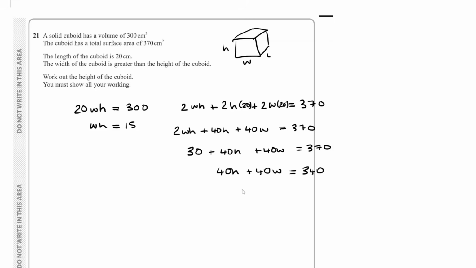We could divide everything by 10 at least, so 4h plus 4w equals 34, and then we could at least half everything, so 2h plus 2w equals 17. You can work this out however you want. You could also divide that by 2 as well if you wanted, so h plus w is 8.5.